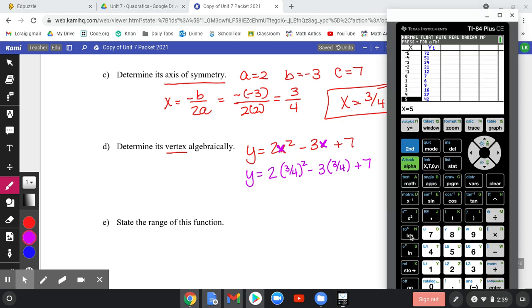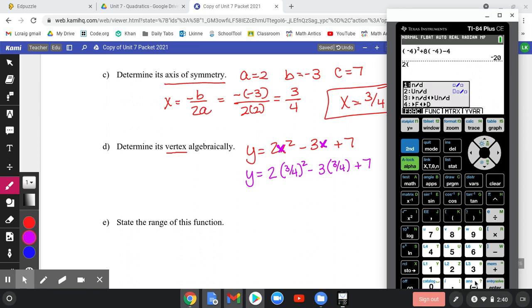Just type it in. So second quit, 2 parentheses, alpha y equals, to get your fraction, 3 over 4, hit the right arrow button, close parentheses, squared, minus 3 parentheses, alpha y equals 3 over 4, hit the right arrow button, then your parentheses, plus 7. 47/8.